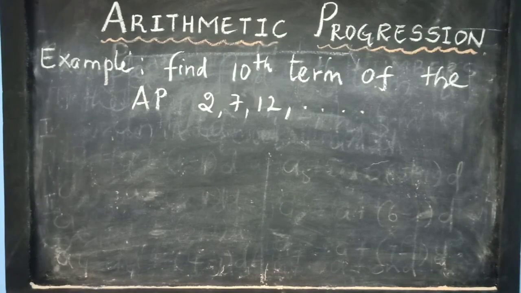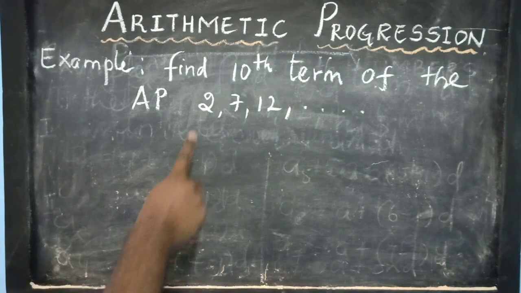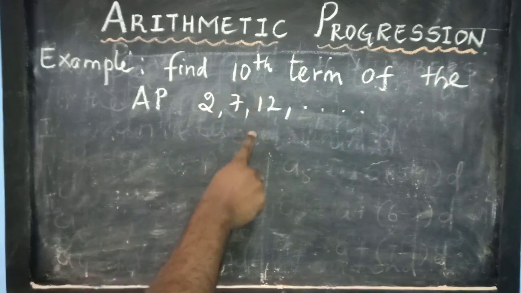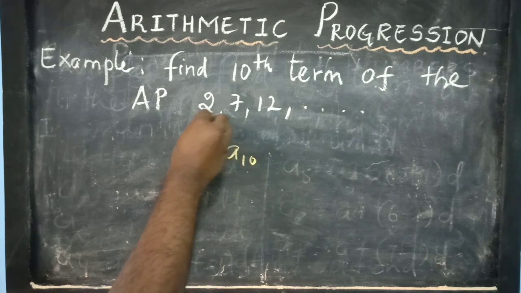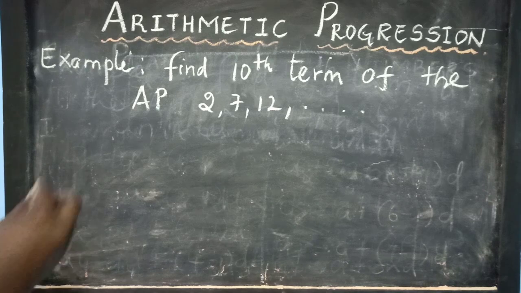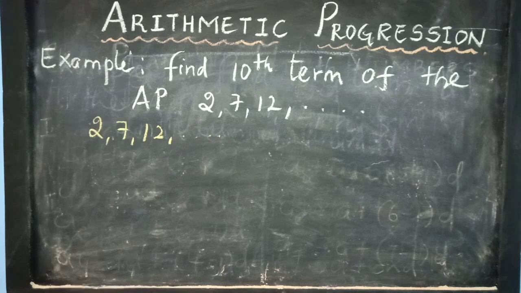Now students, let us understand the nth term of an AP by example. Find the 10th term of the AP 2, 7, 12 and the list goes on. For this given AP, we should find out the 10th term, that means A10. Now, the given AP is 2, 7, 12 and the list goes on.